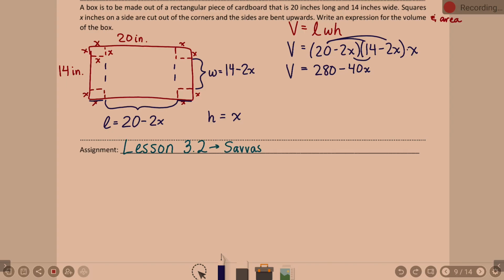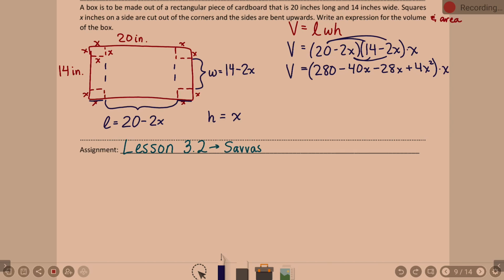Minus 2x times 14, minus 28x. Minus 2x times minus 2x, plus 4x squared.